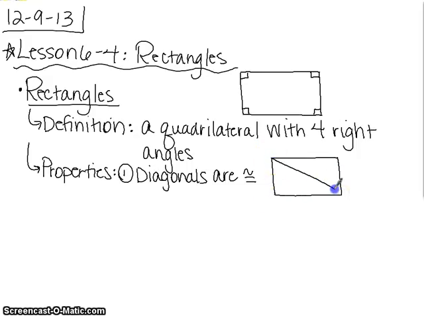So if I draw in the diagonals, they are congruent with one another. If I throw some letters on here, A, B, C, D, this means that AC is congruent to BD. That's really the only additional property.